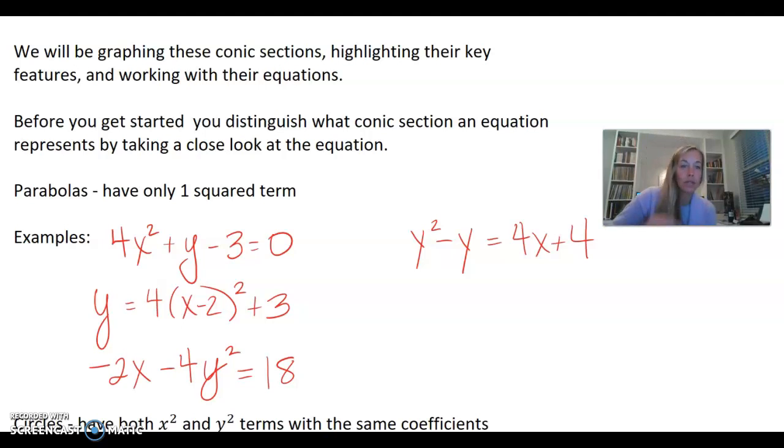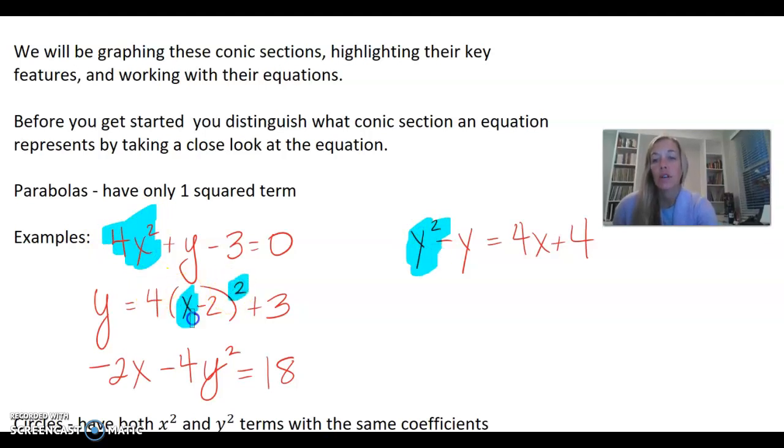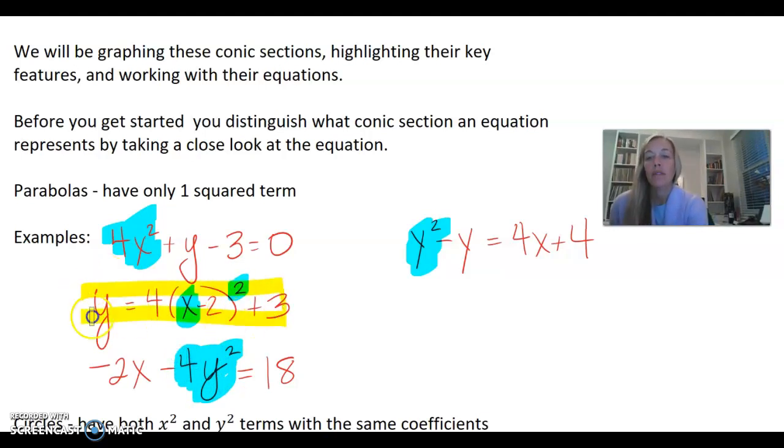They're the easiest ones to pick out because if you just see one squared term, you automatically know it's a parabola. It doesn't matter what the coefficients are, if it's positive or negative, just notice that there's only one squared term. This middle one here, even though it has the x in parentheses, if you were to expand it, you could see that there was only one squared term in that.